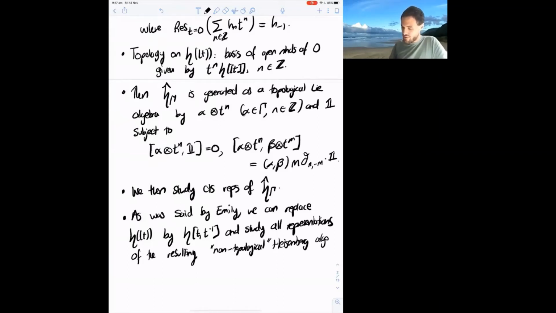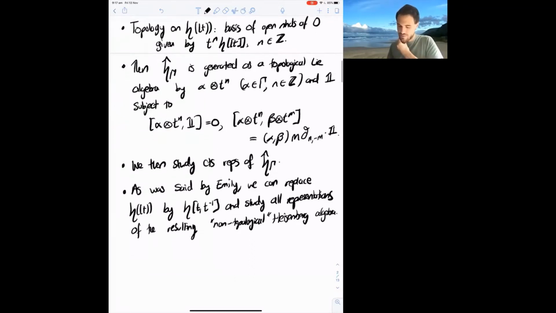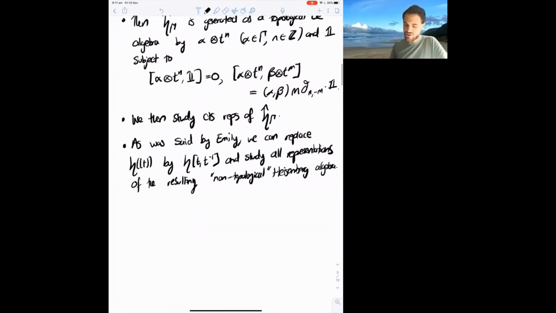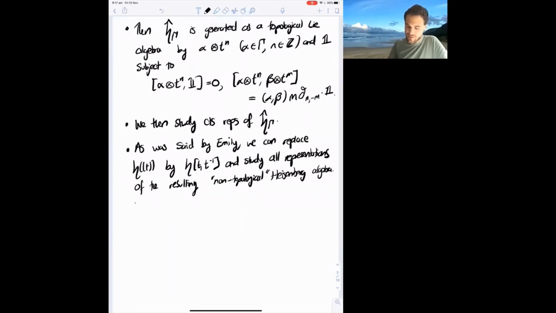So if you go with the larger algebra, you restrict to the class of continuous representations because that's what's well behaved. But if you look at this kind of smaller object, then you are equivalently interested in all representations. So we're going to do that because that's what Nakajima does.